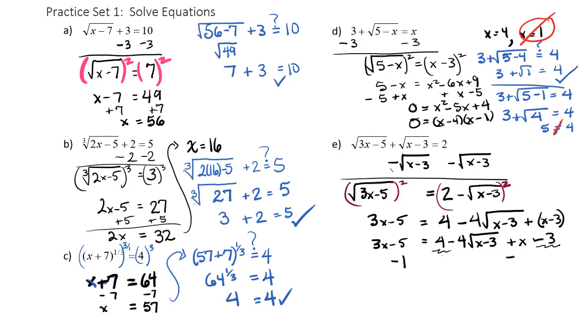I'm also going to subtract an x from both sides. Now I have 2x minus 6 equals negative 4 square root of x minus 3. We'll have to square this a second time.